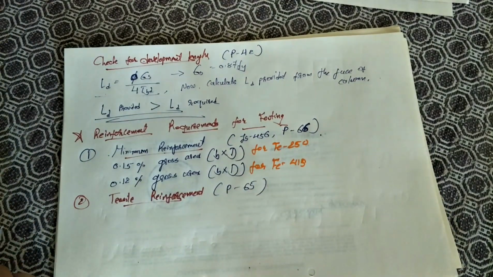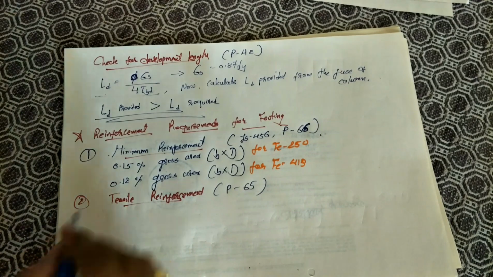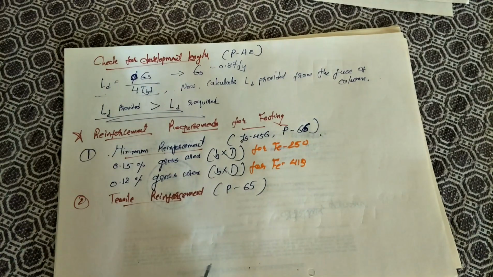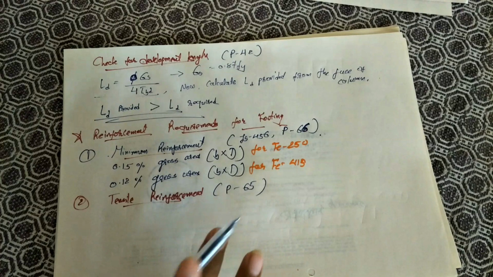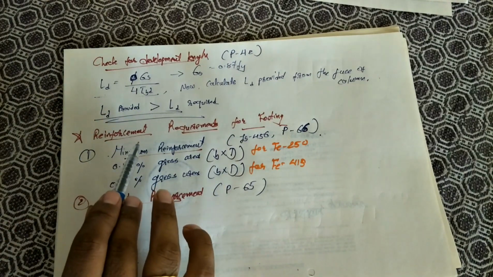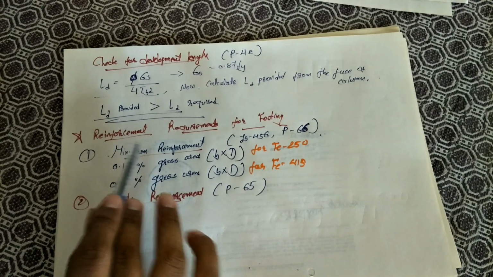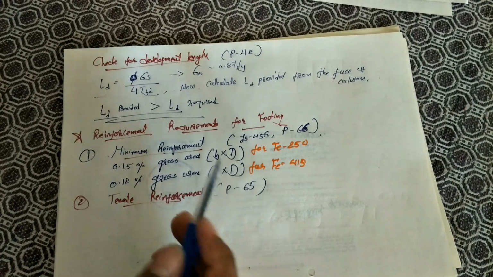There are a few criteria in that, so I'm not going to write them, but I will discuss them with you. Those criteria are based on one-way reinforced footing and two-way reinforced footing.